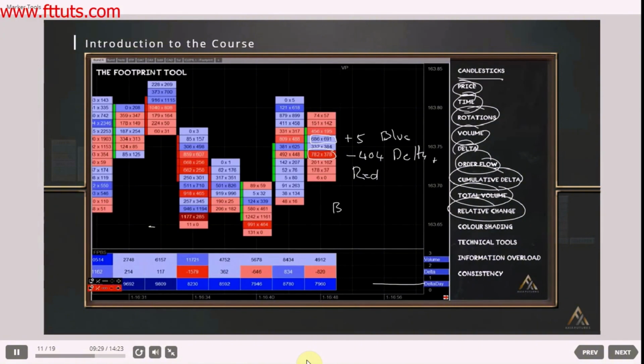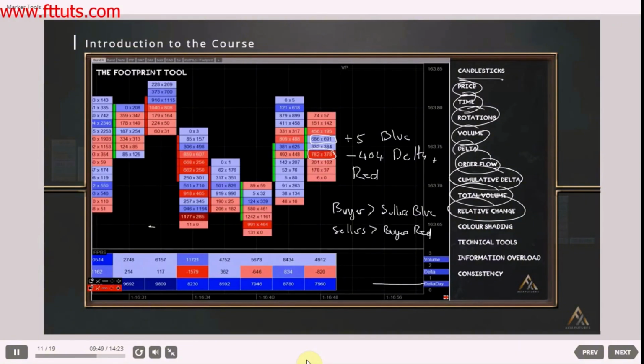So when the buyers are trading more volume at a price than sellers, we get a blue footprint segment. And when the sellers are selling more volume than the buyers at a segment, the color will be red.